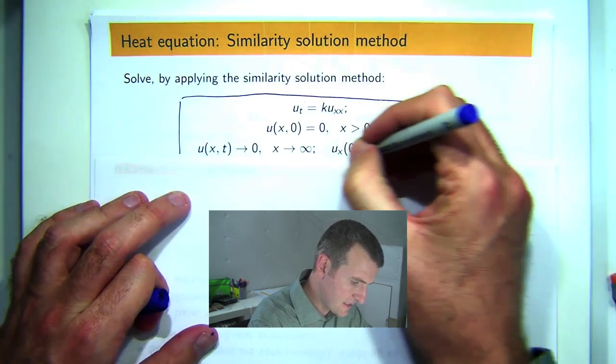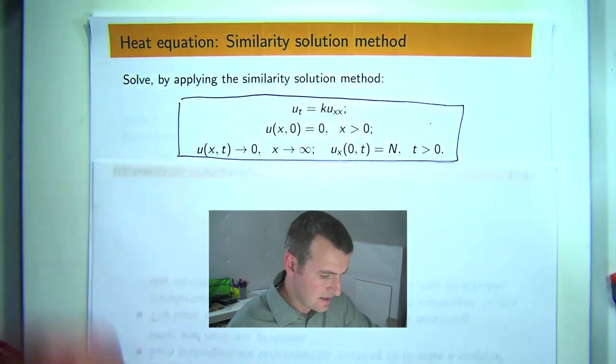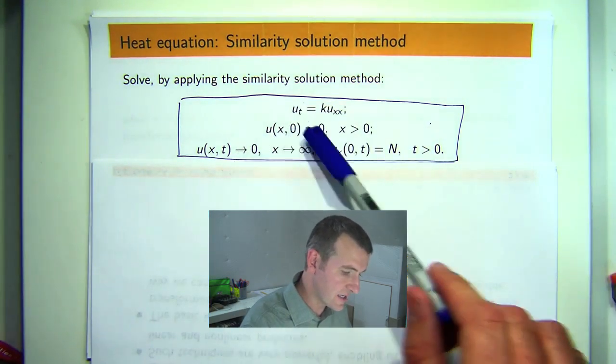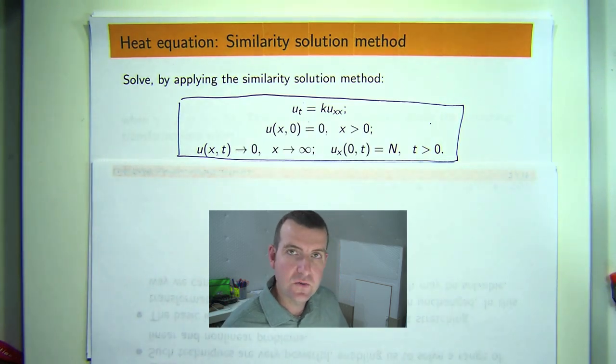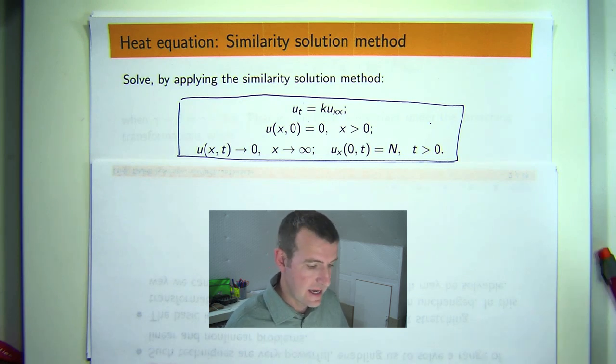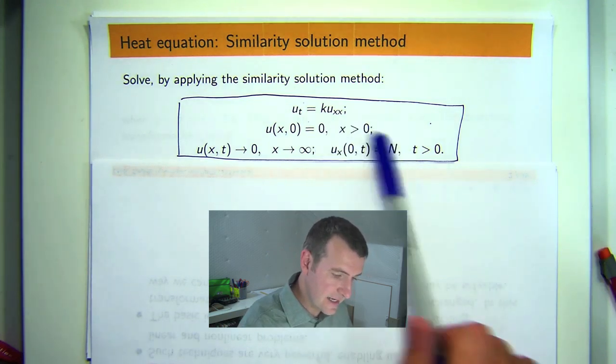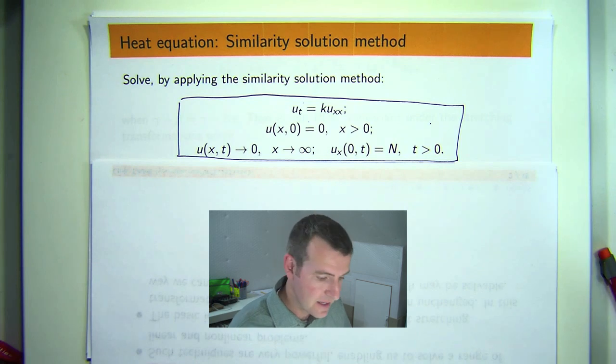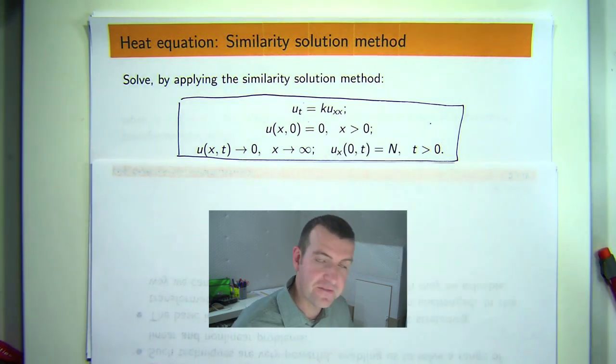So you can see this is a wave equation or a diffusion equation where k is a positive constant. We've got some extra conditions here. Now u might represent the temperature in a semi-infinite bar at position x and time t. And this condition when x equals 0, at the one end of the bar, is known as a flux condition.